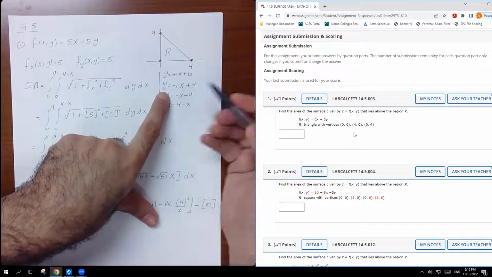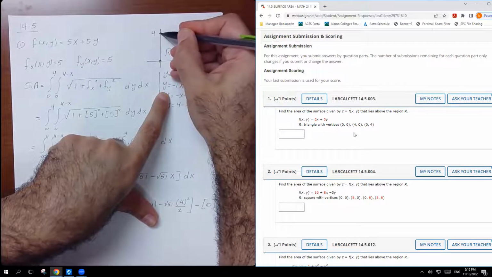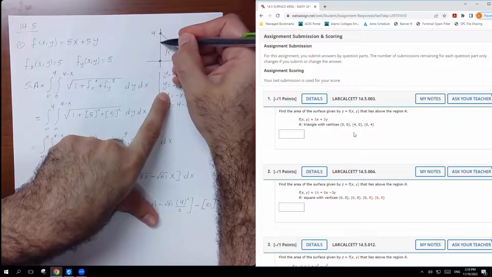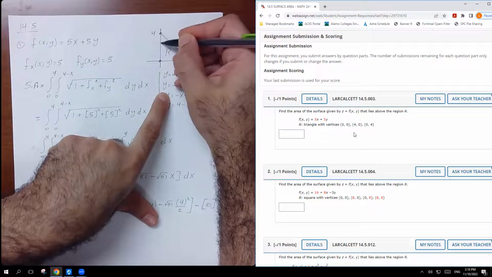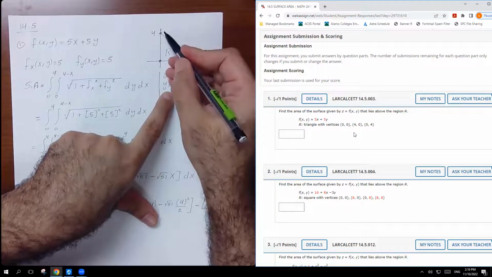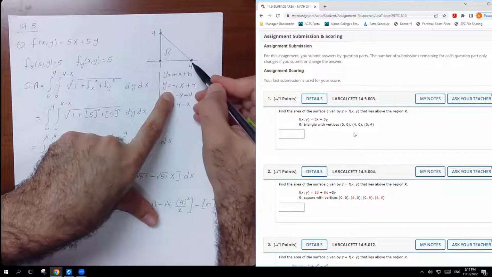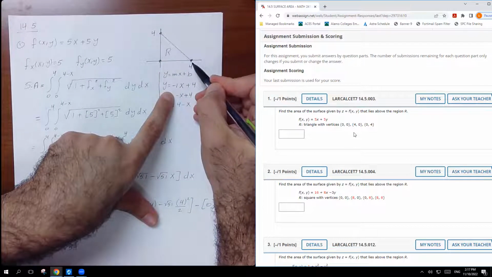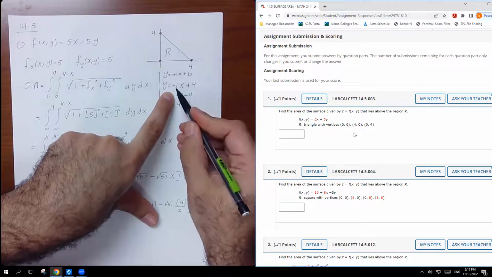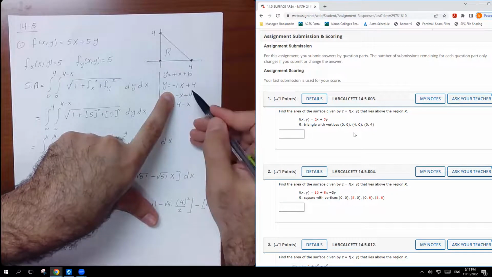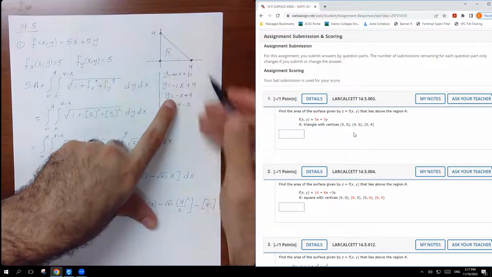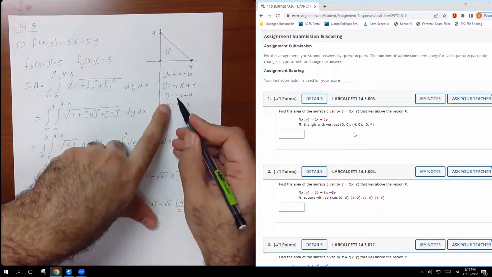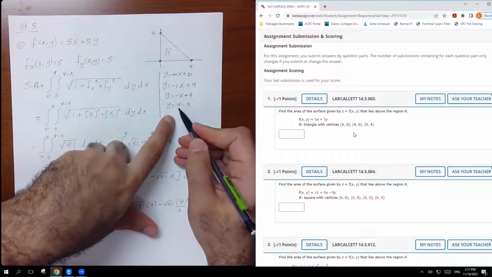The slope is negative. If you choose this point and this point and find the slope, y1 minus y2 over x1 minus x2, the slope is going to be negative 1. And here's the intercept, 4.